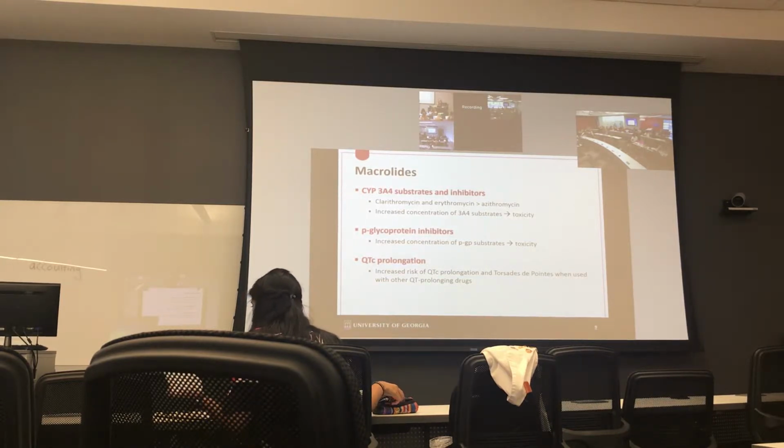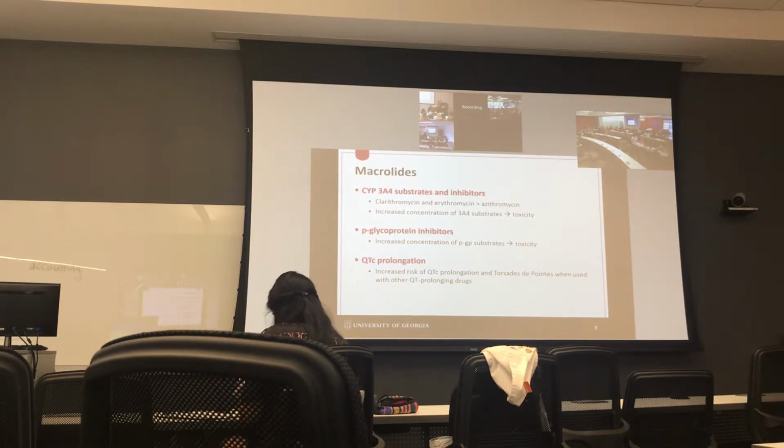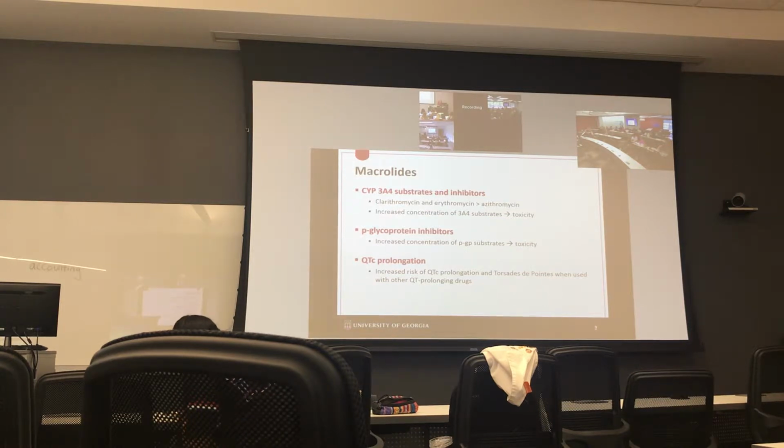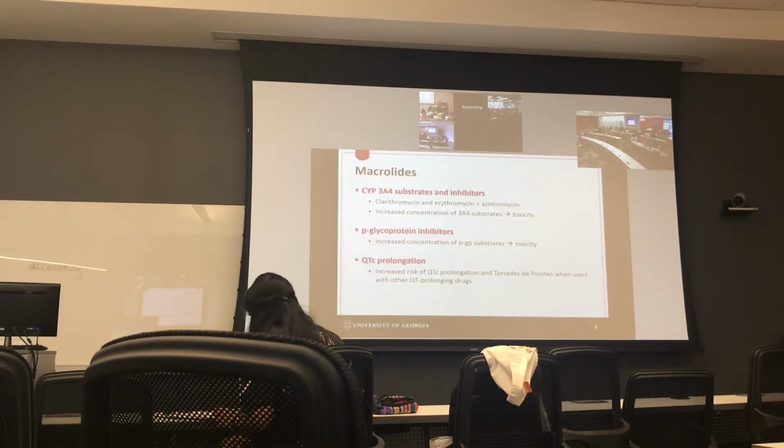But know that azithromycin still has this effect, but to a lesser extent than the other agents. So 3A4 inhibition will result in increased concentration of 3A4 substrates and toxicity. Macrolides are also P-glycoprotein inhibitors. So using them with P-glycoprotein substrates will result in increased concentrations and toxicity again.